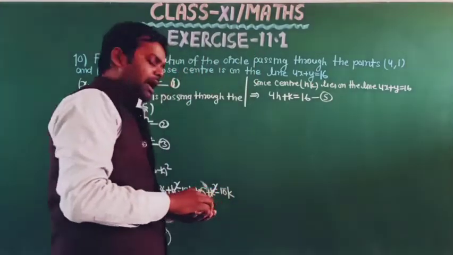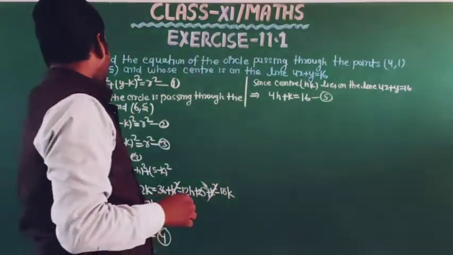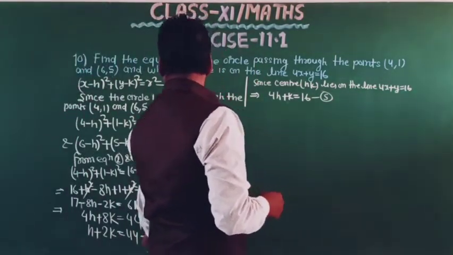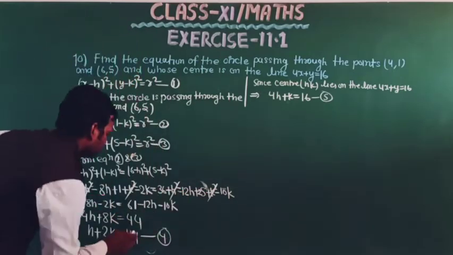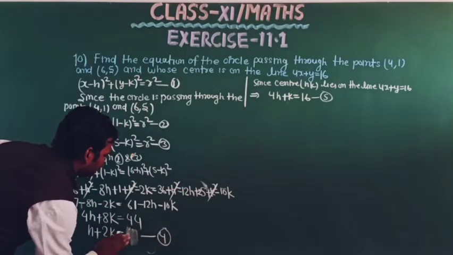Now solving equations 4 and 5. We have to find this is not 44, this is 11.